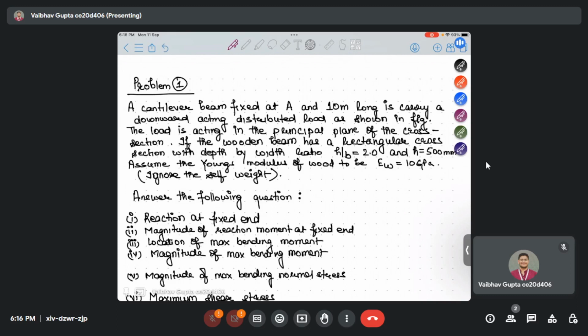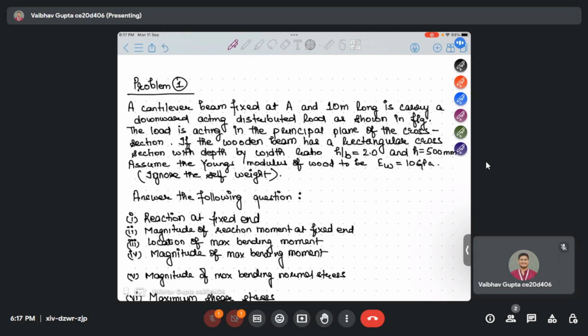The beam is made of wood and has a rectangular cross section with depth by width ratio, h by b, given as 2, and h is 500 mm. So since h by b is given and h is 500, b will be h by 2, which is 250 mm.